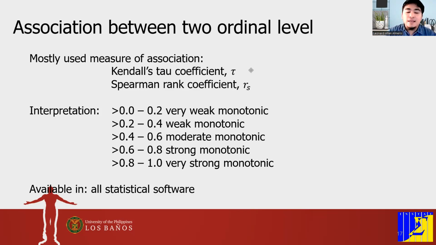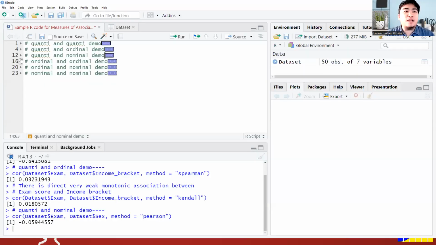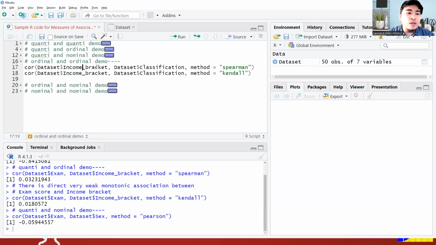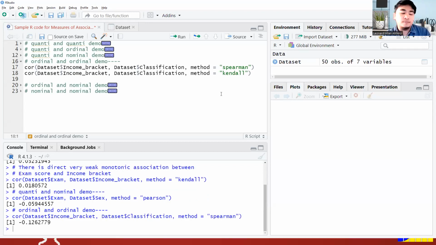Okay? And again, same interpretation lang po yan. Parang yung gamit natin kanina, quantitative versus ordinal. So, to demonstrate, ano ba yung dalawang ordinal natin kanina? So, we have the income bracket at saka yung classification. So, pag tinry natin yung i-run, sinasabi dito na merong negative, negative 0.26.